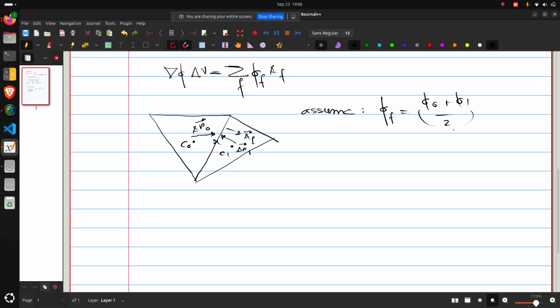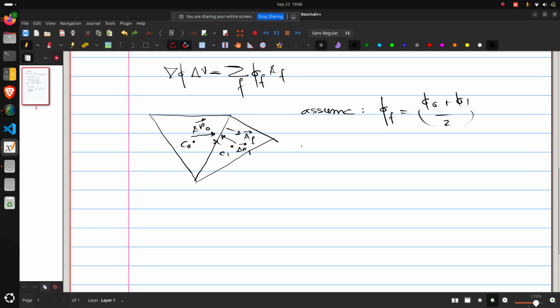Just take a simple average. Later on we will go on and refine this approximation, right. So now let's write the term phi f in terms of the two cell centers using the Taylor series approximation, right.